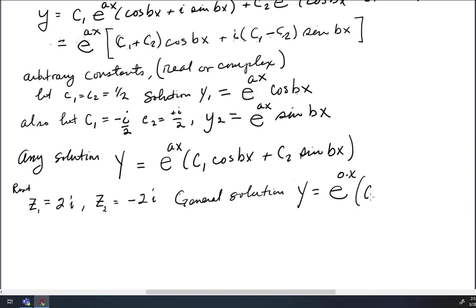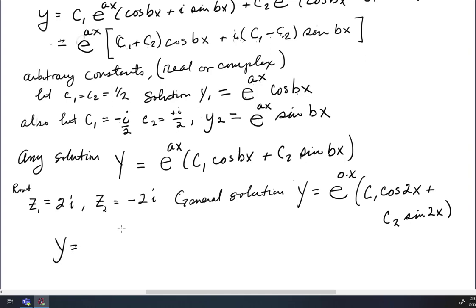You're saying I didn't have to write that, and you're right, of course I didn't. Cosine 2x plus c2 sine 2x.